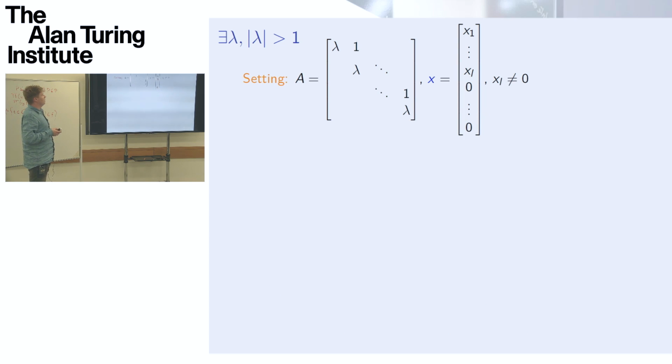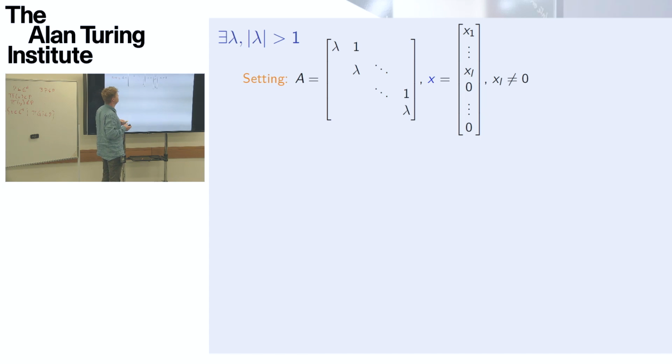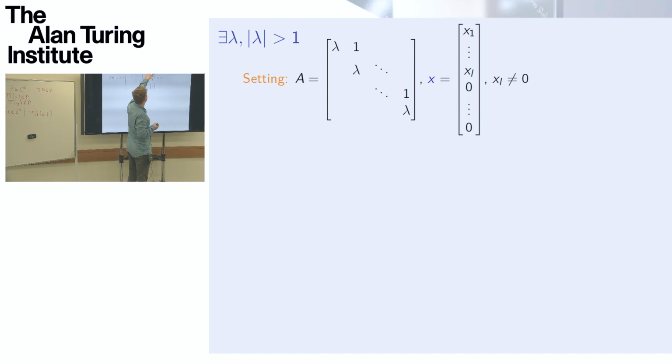Okay, so the first case is if I have a convenient block that is like this. So if I have an eigenvalue of modulus bigger than 1, okay? So my setting is that my matrix is like this, and x is a non-zero vector. So I have coordinates, and then I take xl to be the last non-zero coordinate. Why do I do this?